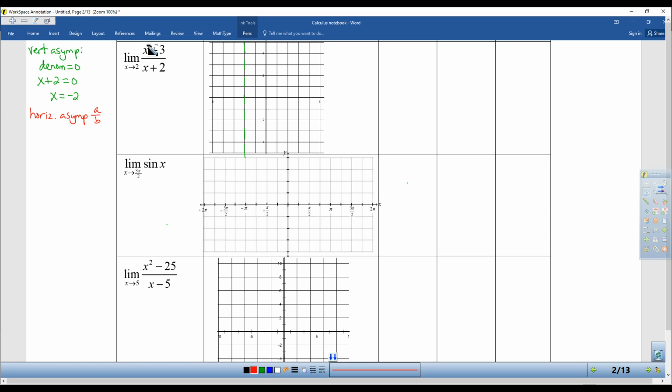So since they're both x to the first power, I can look at their coefficients. It's 1 over 1. So y is equal to 1 is going to be my horizontal asymptote. There's other parts of the horizontal asymptote, but there's other examples that I'll do it in. So y is equal to 1.